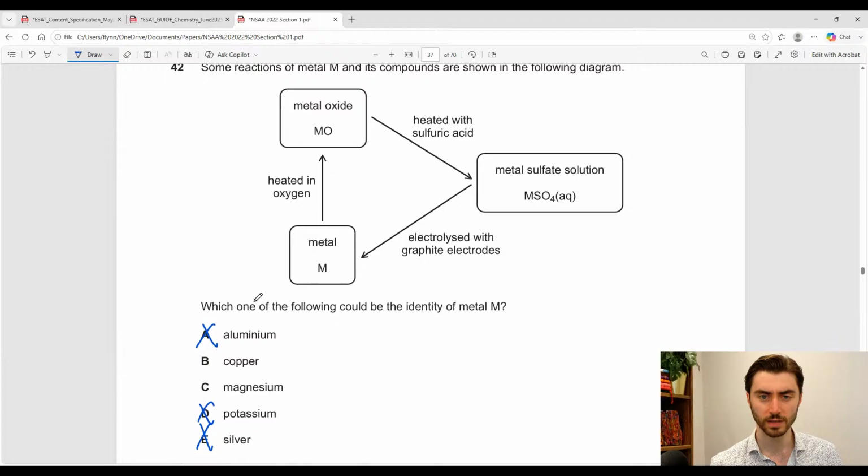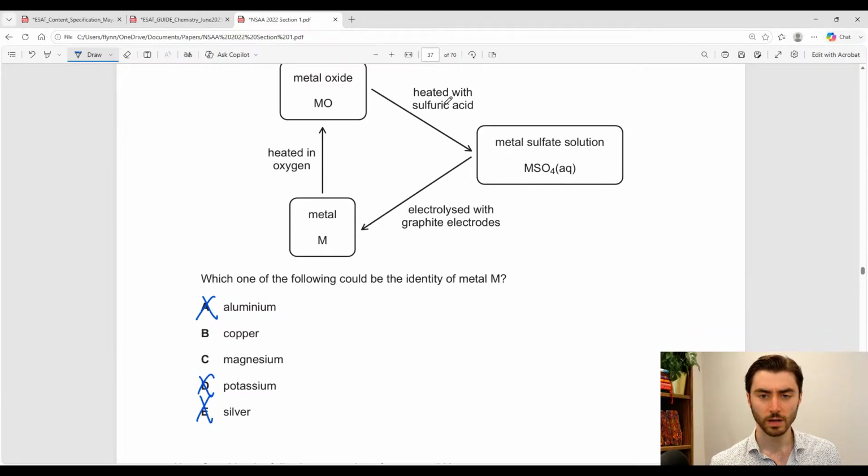Heated with sulfuric acid. I don't think it's copper because I think copper is less reactive than hydrogen. So I'm going to go for C. Next.